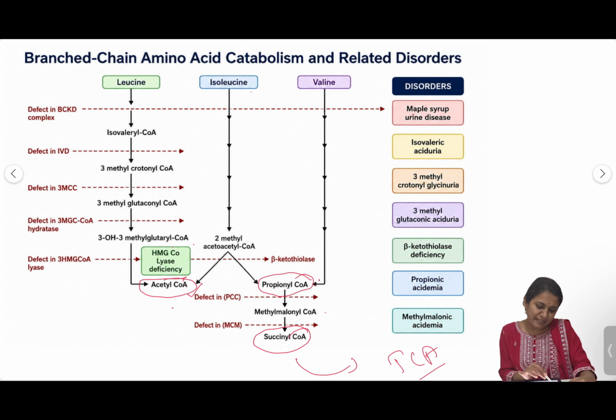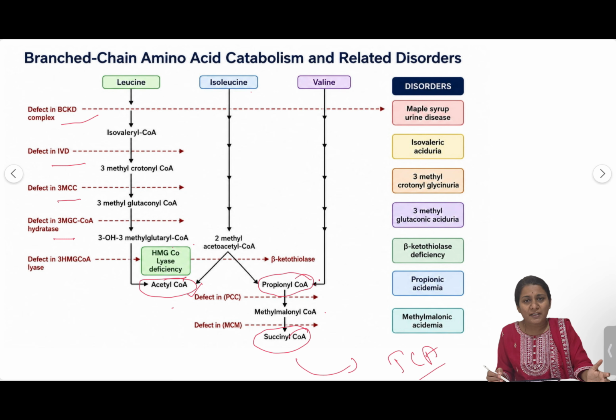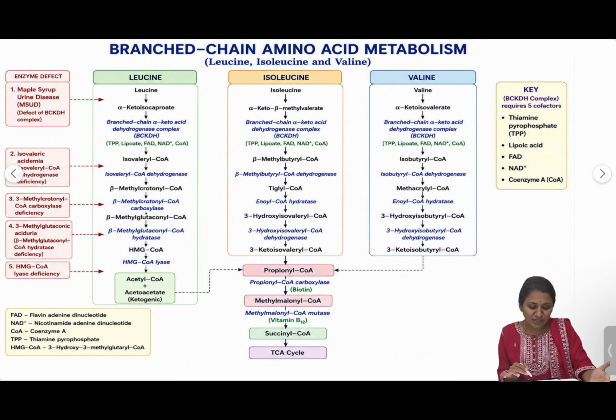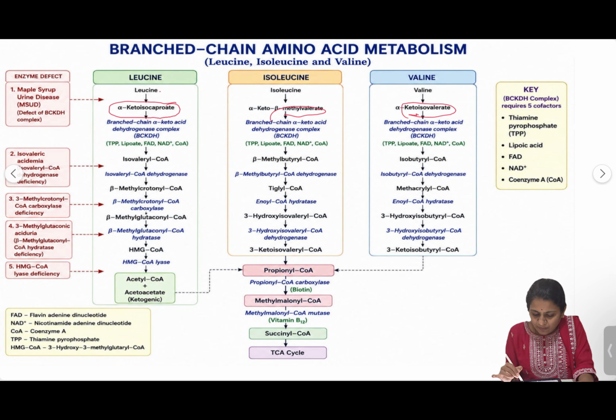There are many enzymes involved in this metabolism. This is a simple diagrammatic depiction of the metabolism. If you want to investigate a case in depth and find which enzyme is involved, you have to refer to this chart, or else it is not required. Just remember, leucine is first converted into alpha keto isocaproate, isoleucine into alpha keto beta methylvalerate, and valine into alpha keto isovalerate.